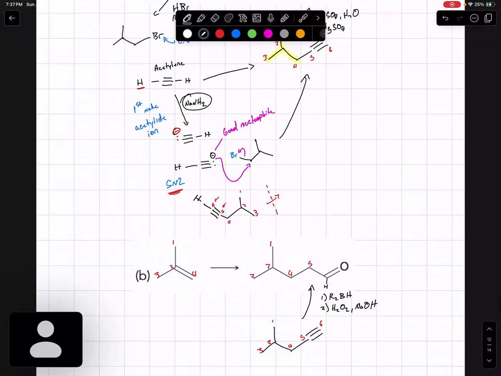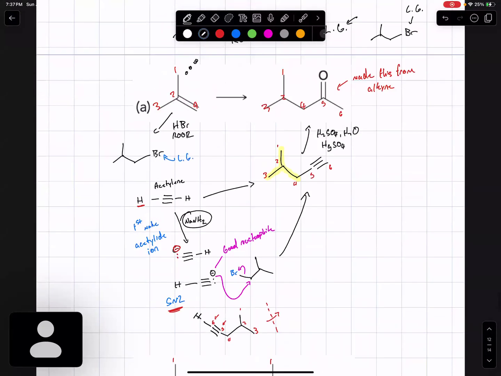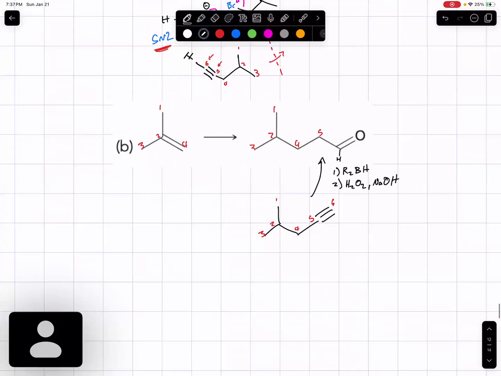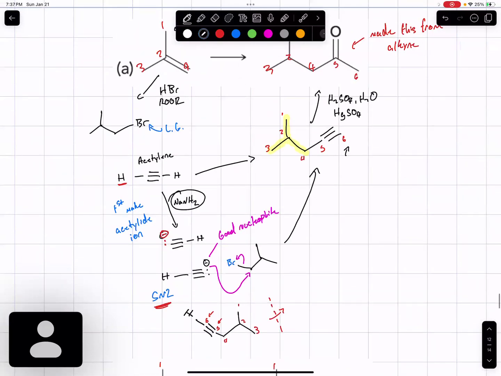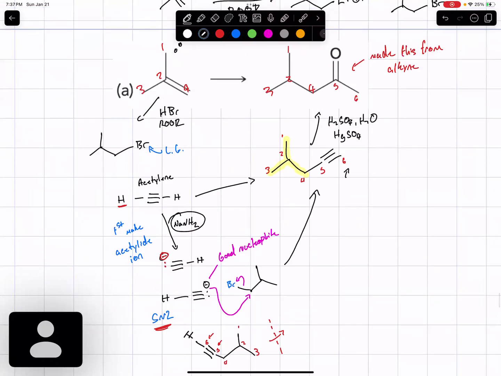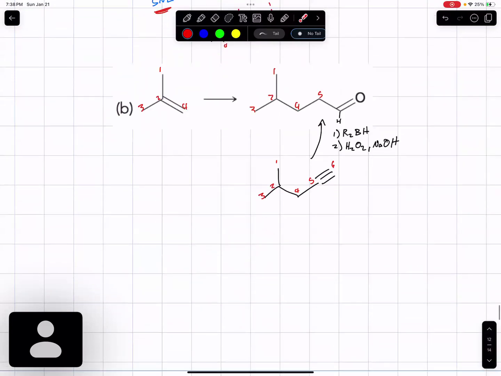All we did that was different from A was add it to the least substituted side, to carbon number 6 instead of carbon number 5. So all we have to do is essentially the same process, all of these same steps.